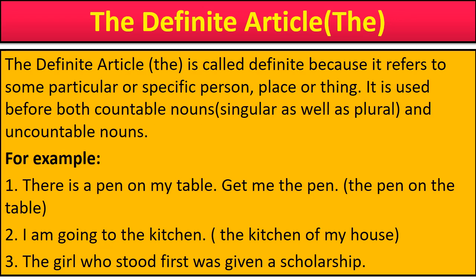Now students, let's move on to the definite article, that is the. The definite article the is called definite because it refers to some particular or specific person, place or thing.